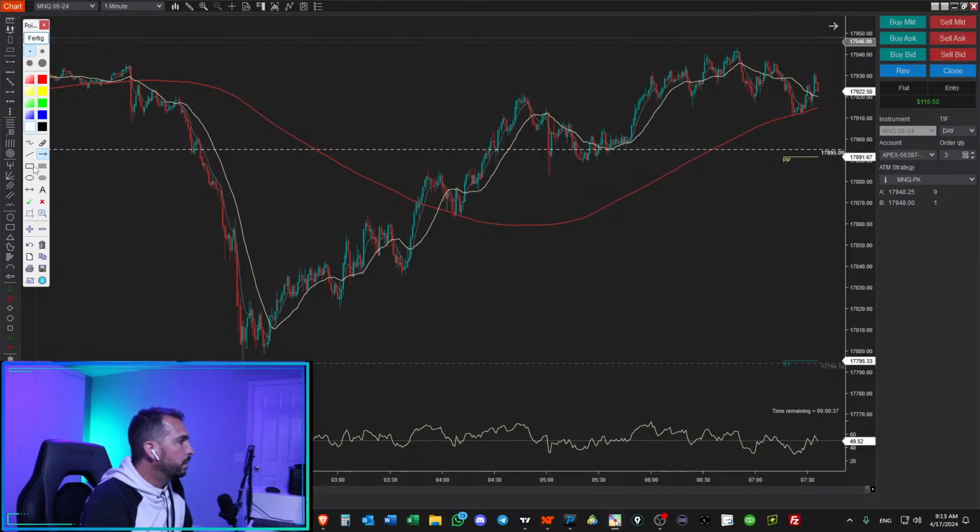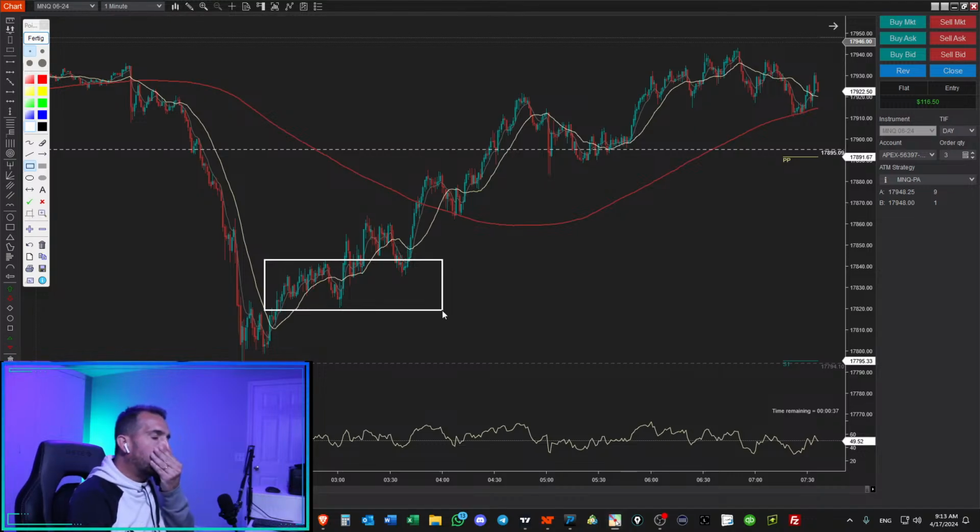I traded yesterday. That's the opening. I traded this area here a little bit last night, and today I did a trade over here, small trades.